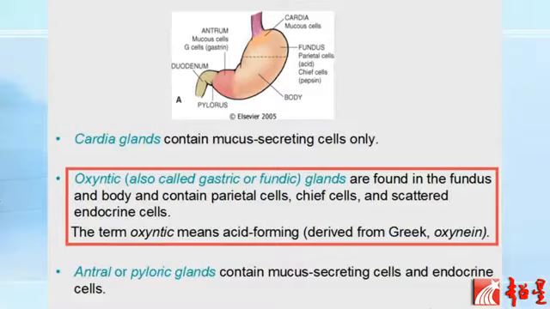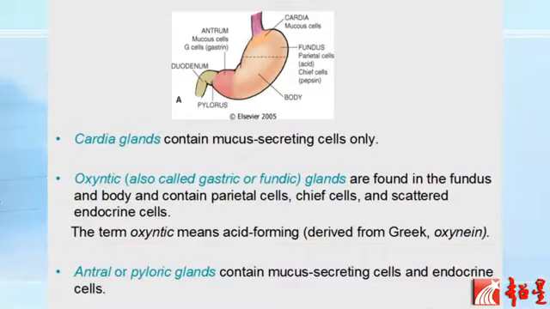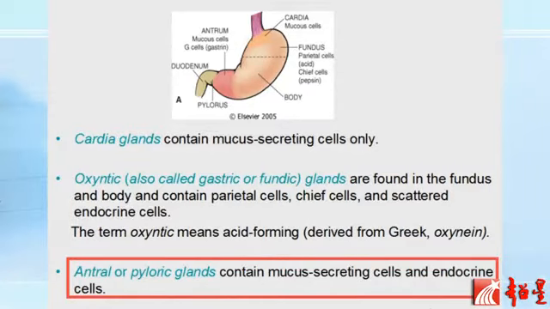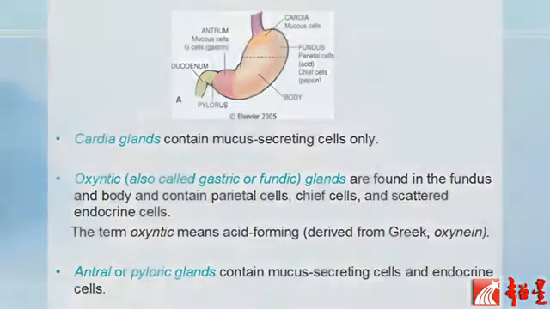We can find this in the fundus and the body. We can find this parietal cell, chief cell, produce this acid, gastric acid. And we also can find some endocrine cells. And for the rest area, the main function is also produce this mucus.